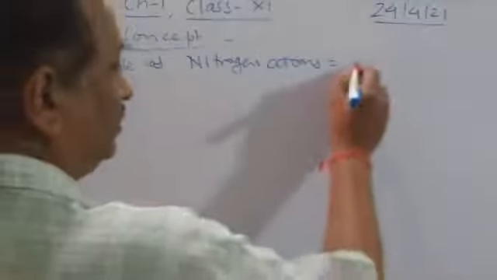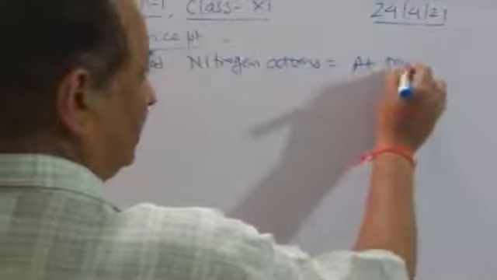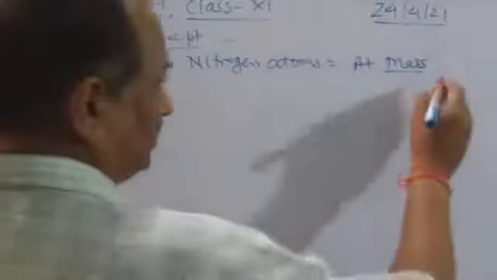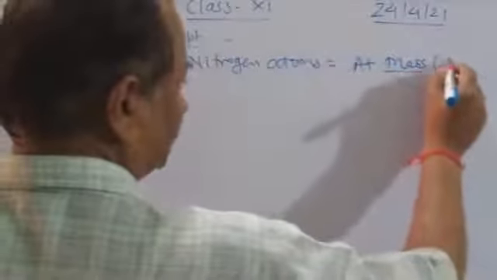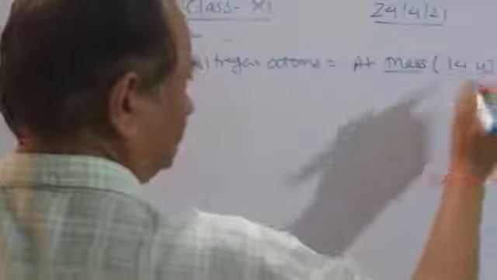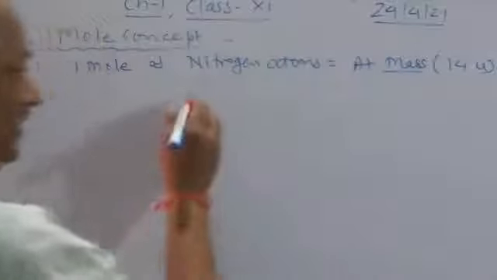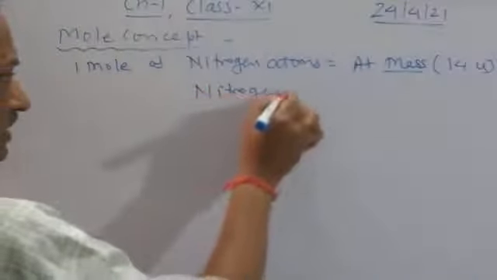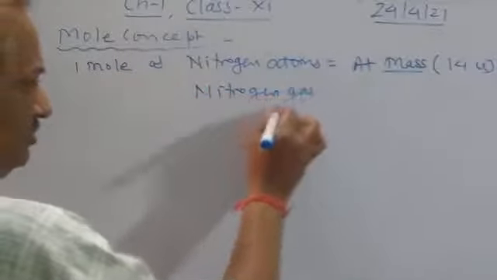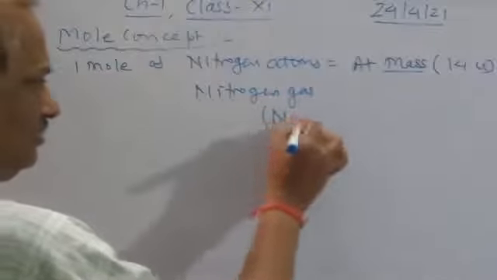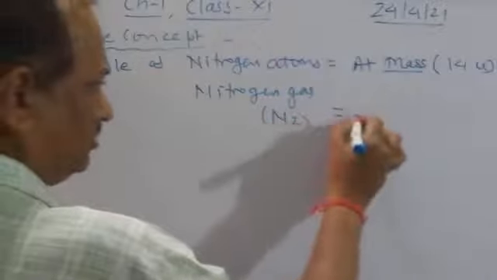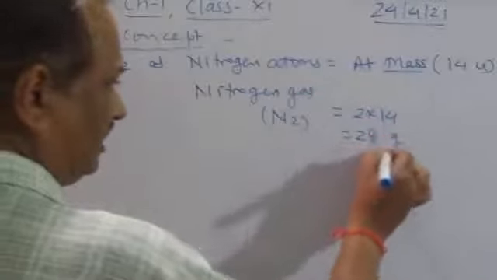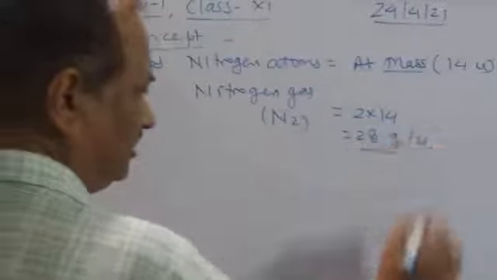It will be equal to the atomic mass of nitrogen, which is 14 U. But if you take nitrogen gas, it is N2. So how much is it? 2 into 14 is equal to 28 gram or 28 U.